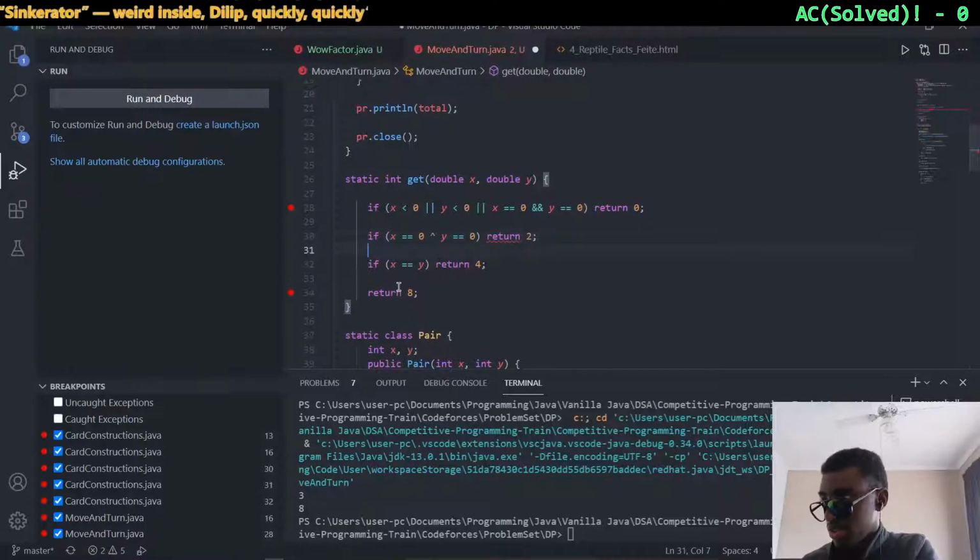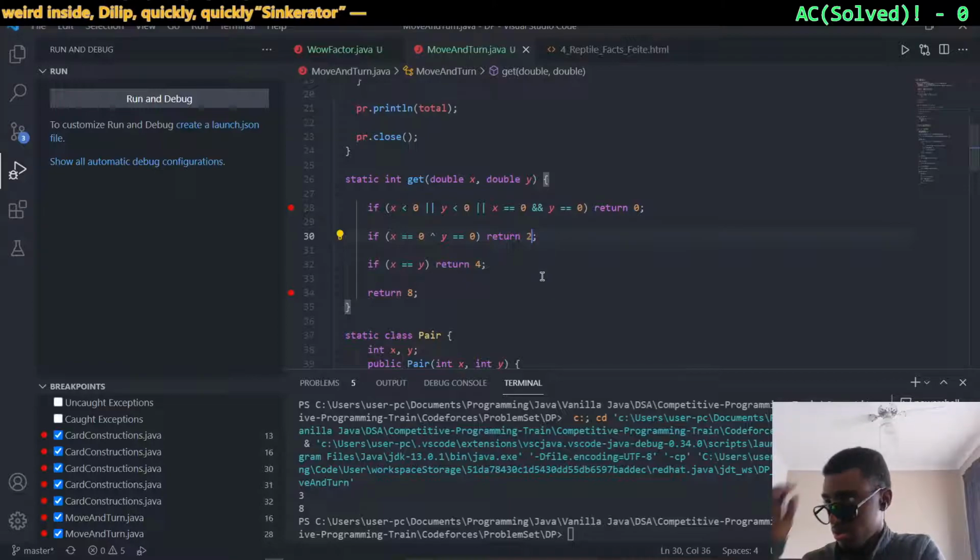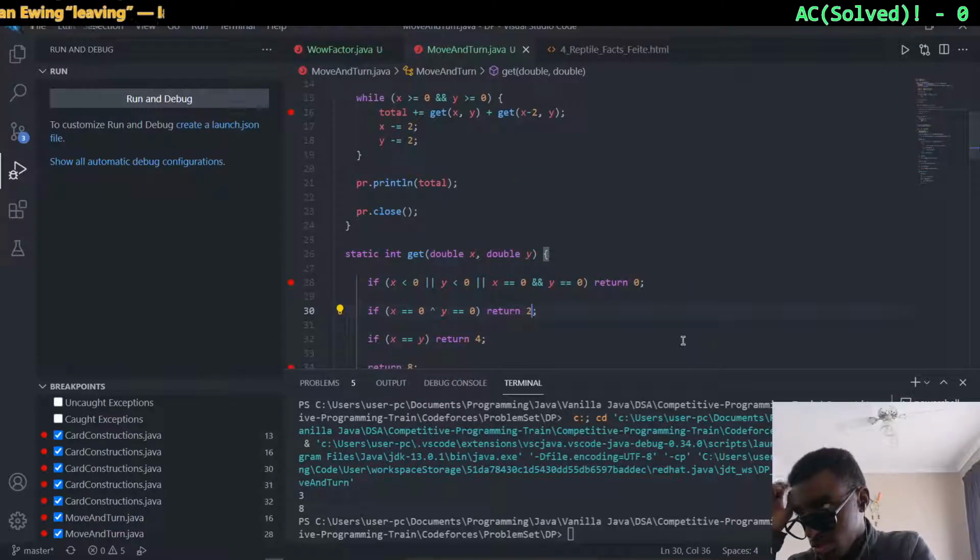So then we return 2. So if only one of them is, then we return 2.